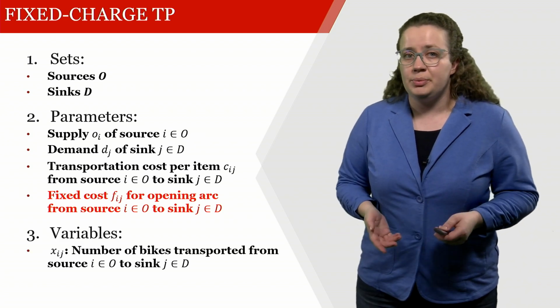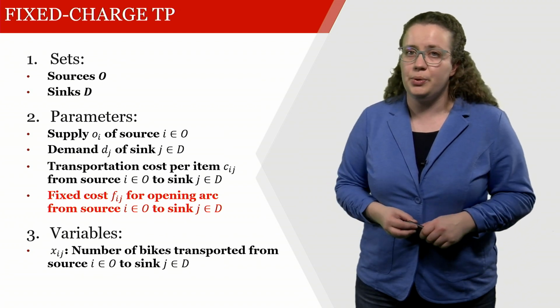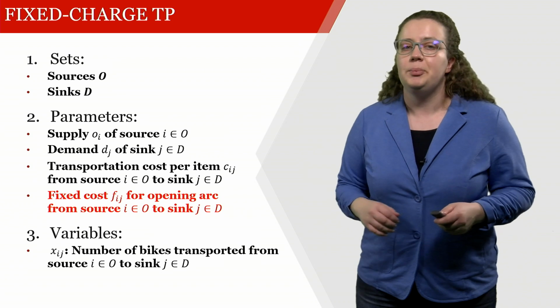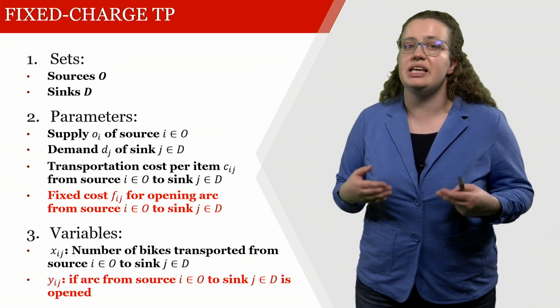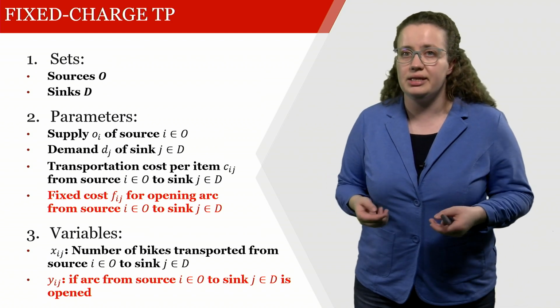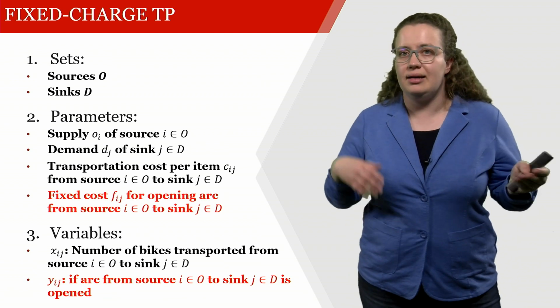Our variable, in this case, used to be the number of bikes that we're transporting from i to j. But now we're, of course, also adding a second decision variable, which tells us if this arc from i to j is opened, so if we send a truck from Atlas to Auditorium.